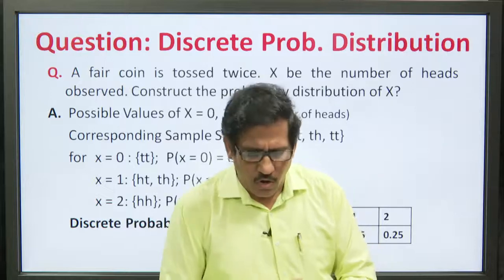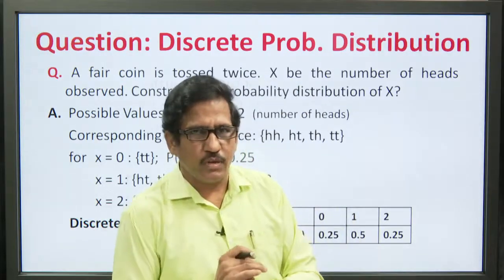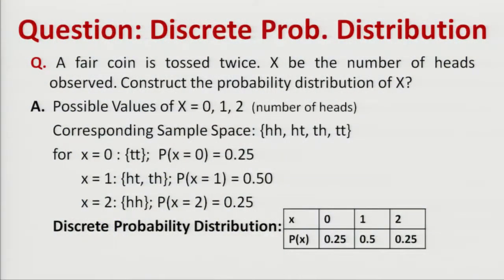Let us solve a question on discrete probability distribution. What does discrete probability distribution mean? The values of the random variable x as well as their probabilities, represented in the form of a table. A fair coin is tossed twice, x is the number of heads observed, construct the probability distribution of x. If a coin is tossed 2 times, it might occur that first time head, second time head.